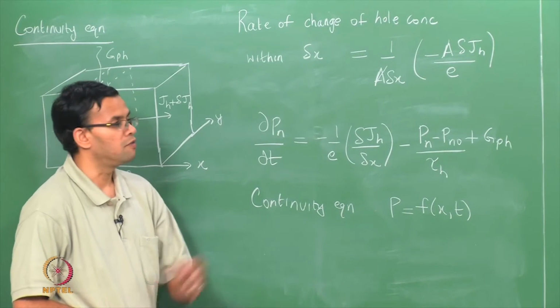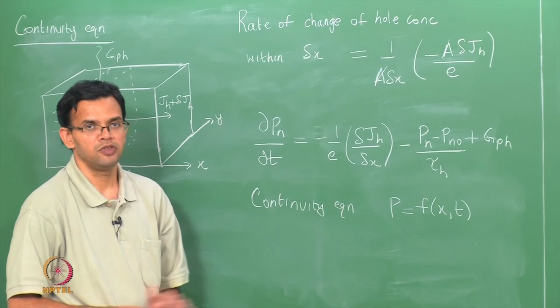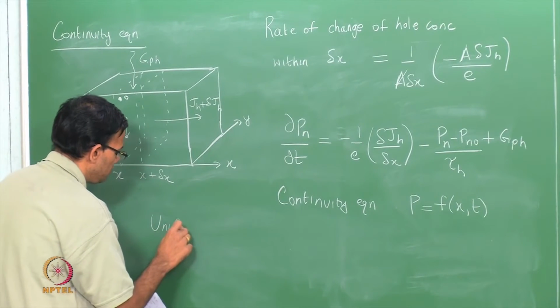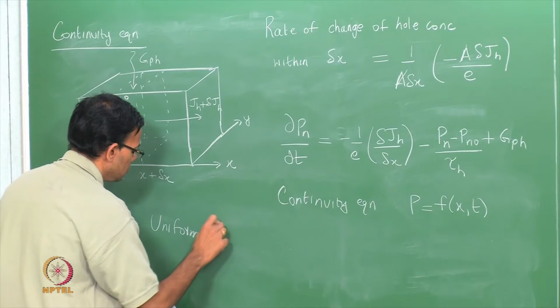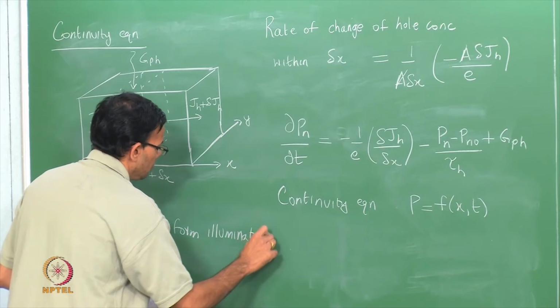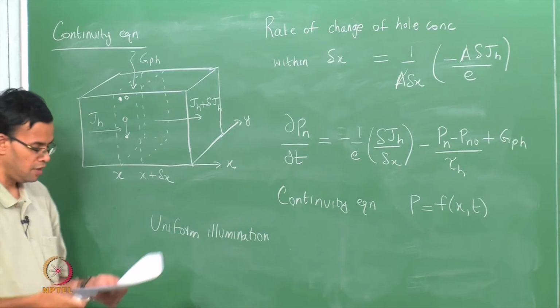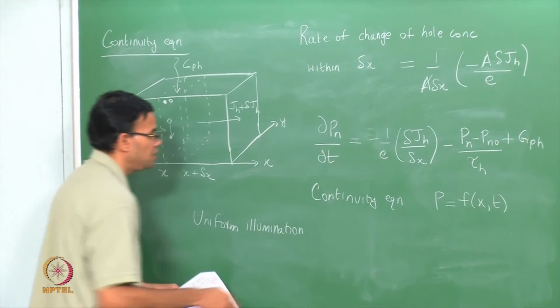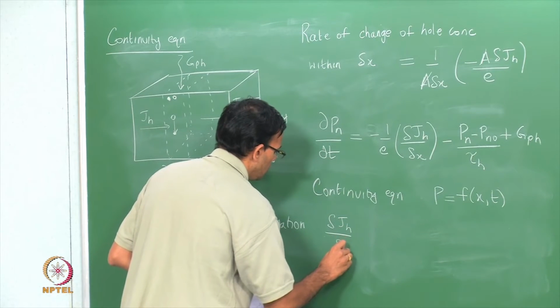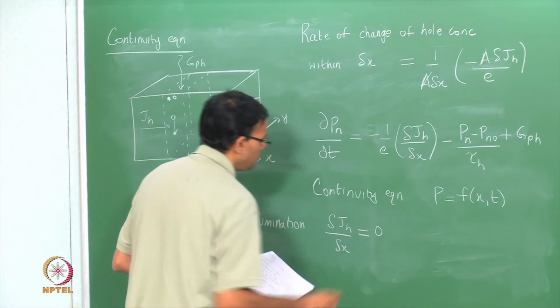When we think of say uniform illumination, which we just saw before, in that particular case there is no flux within the material, so that ∂Jh/∂x is 0.